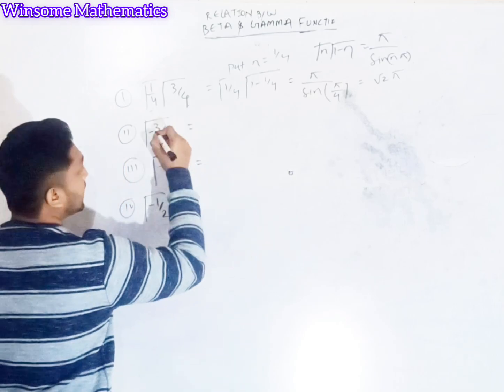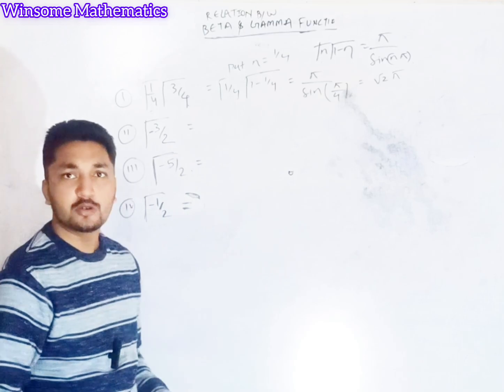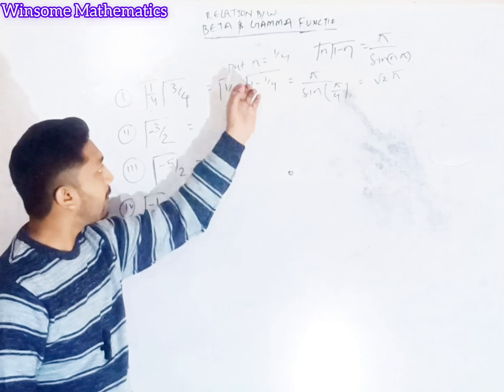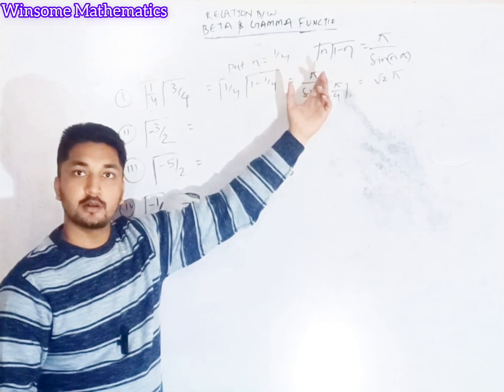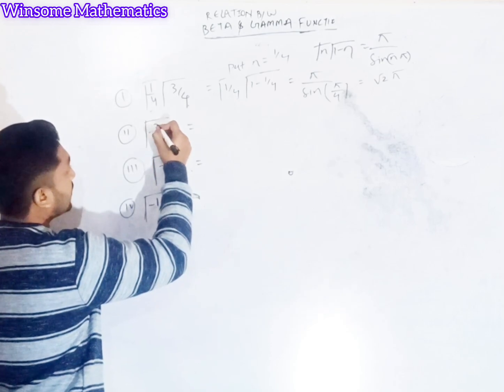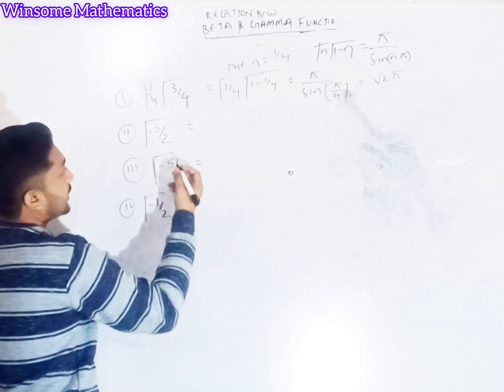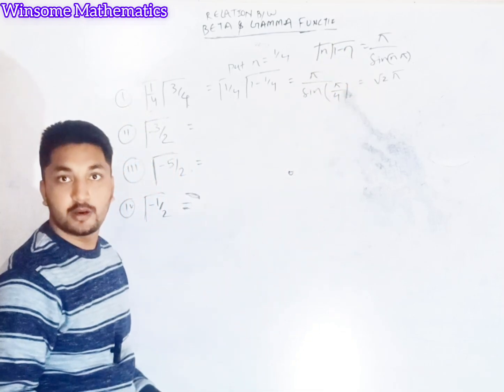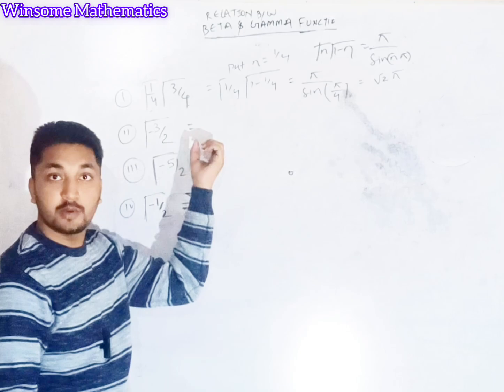Now this is gamma of minus 3 by 2, so you will be thinking that this is in minus. Nothing, simple. Think what we will put here, because this is less than 1, minus 3 by 2. So this is less than 1, so what we will put here is something greater than 1, so that this term will become negative.